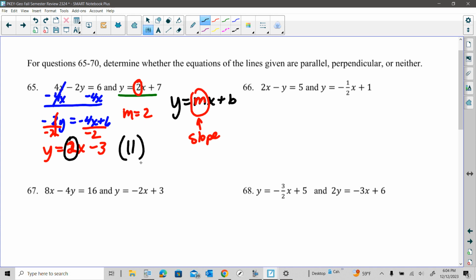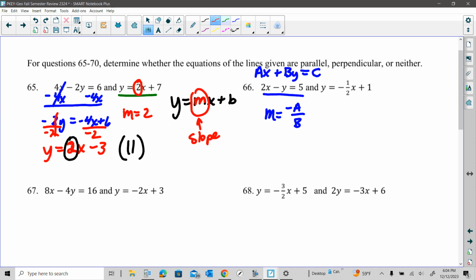Okay. Now there is a shortcut you can use if it's in standard form. So like this first equation here is in standard form because you have ax plus by, the x and y terms on the left side of the equal sign equal to c. If the equation is in standard form, the shortcut to get to the slope is using this formula, m, which is a symbol for slope, equals -a over b.